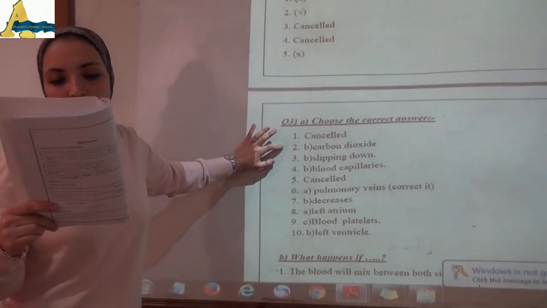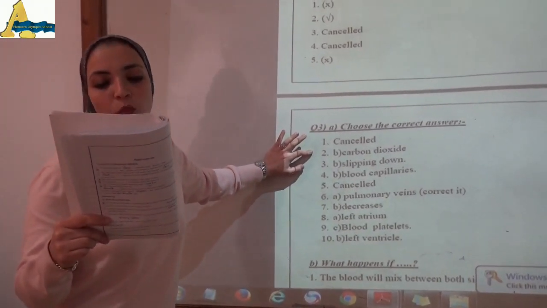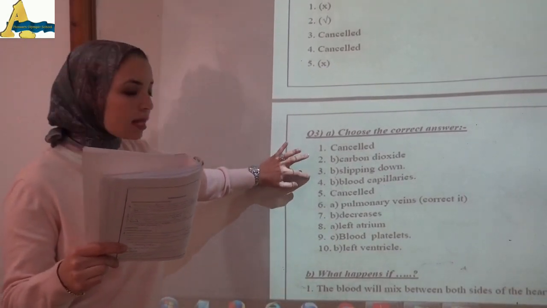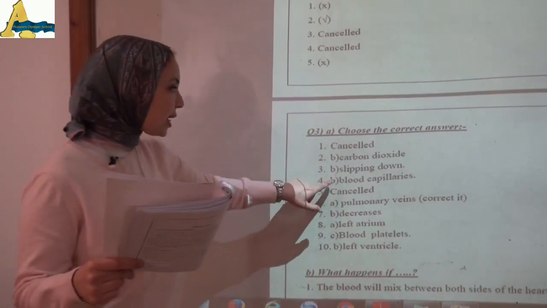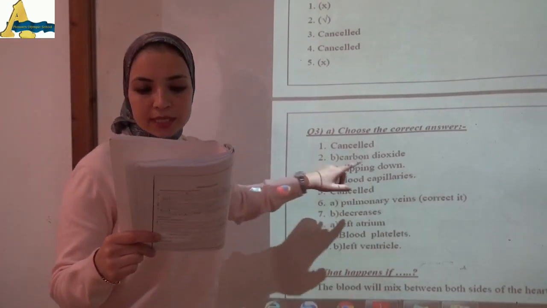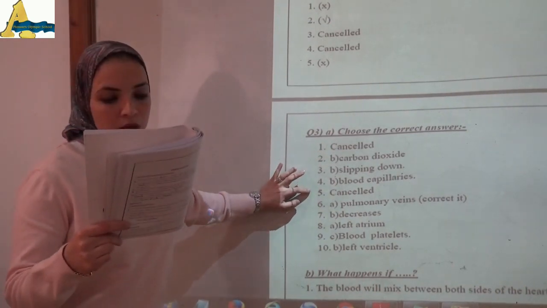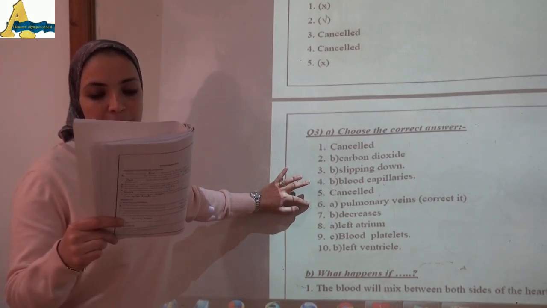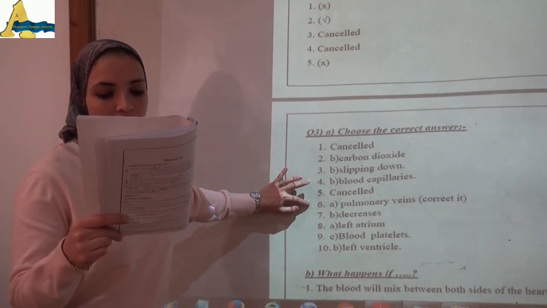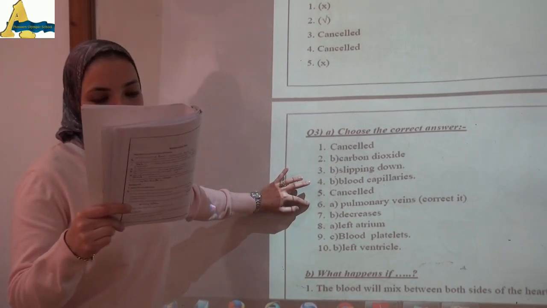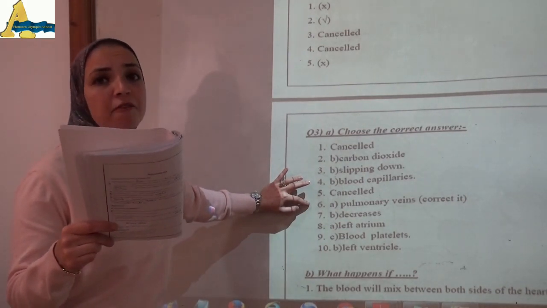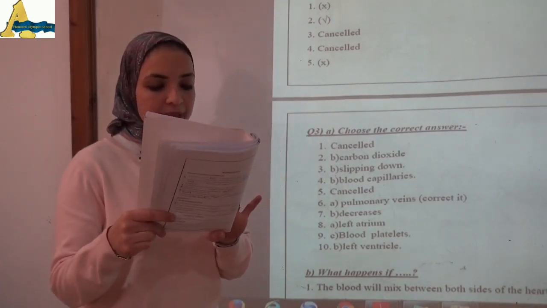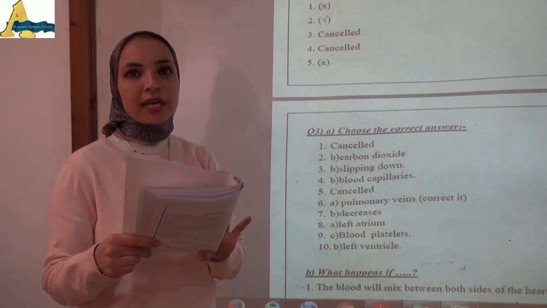Number 4, what has a very thin wall? It's the blood capillaries. Number 6, the veins that carry blood rich in oxygen are, of course, pulmonary veins.